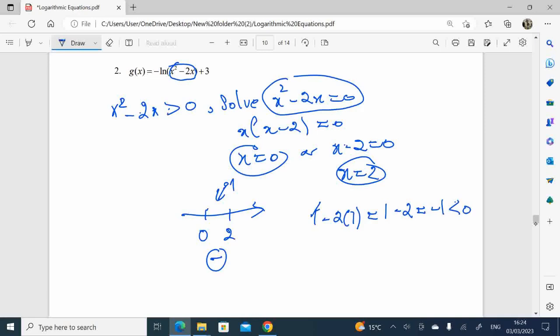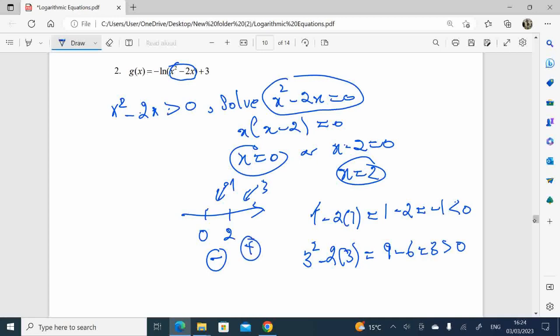If I try 3 here, we get 3 squared minus 2 times 3, which is 9 minus 6, which is 3, which is positive. So here it's positive.